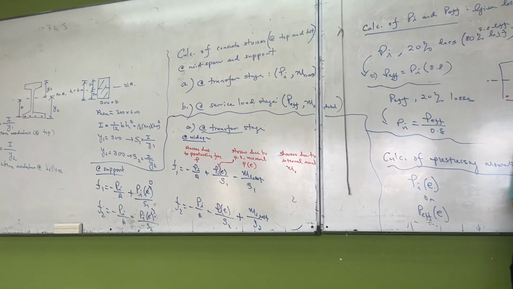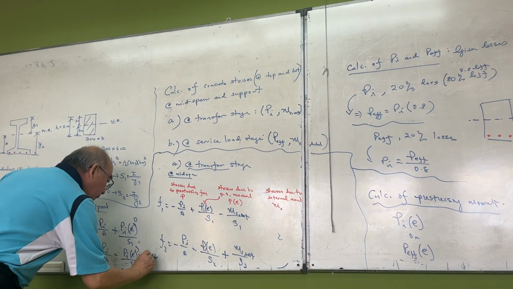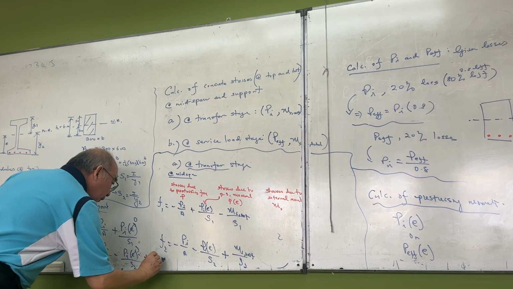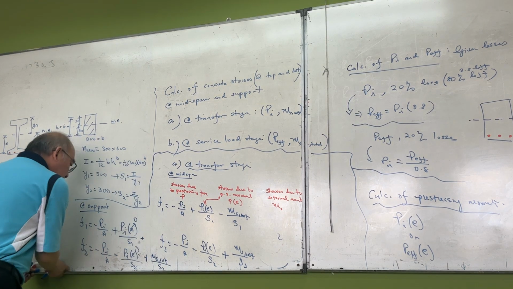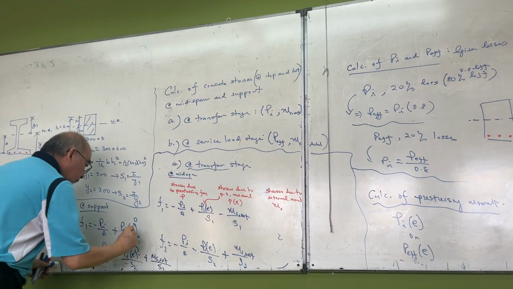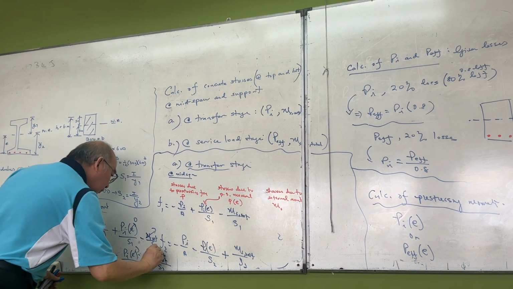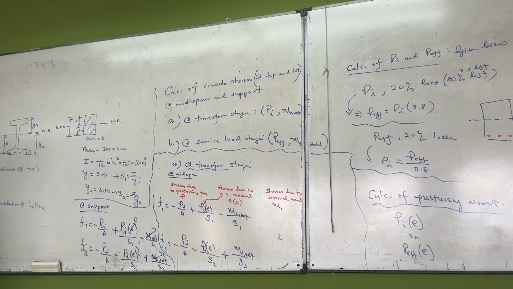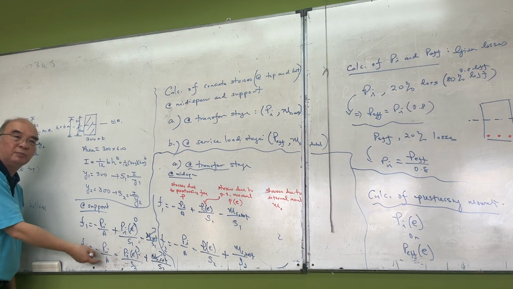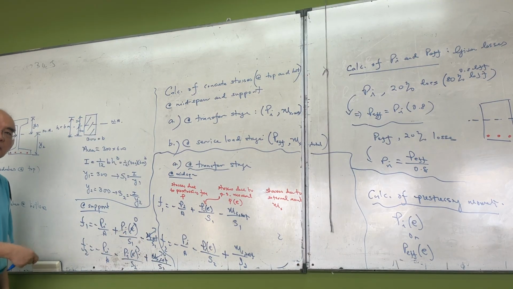So the third term, M self-weight at the support, this one becomes 0. Understand? So then this is very easy, just P initial over A only. And you already calculated, so you just put it over here.